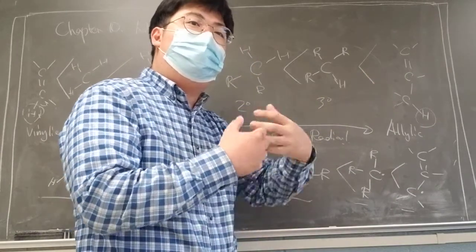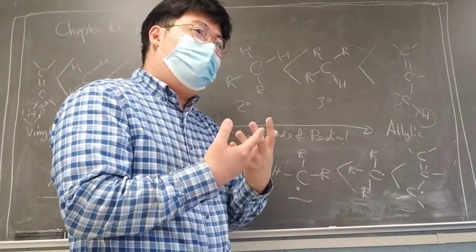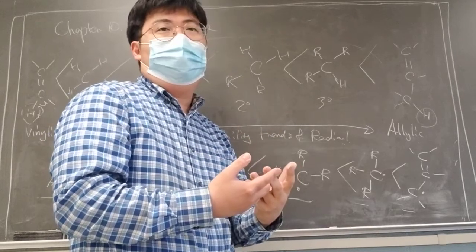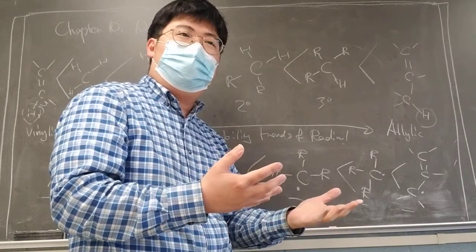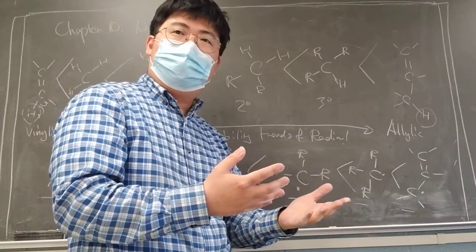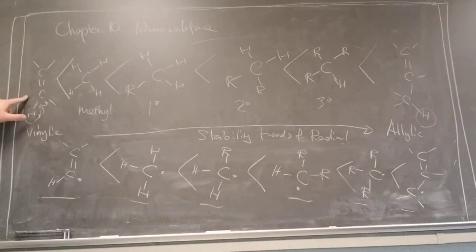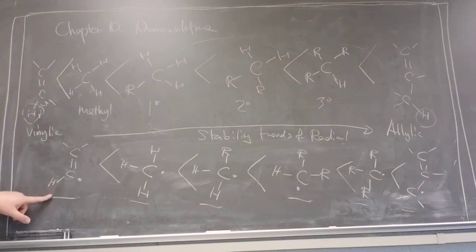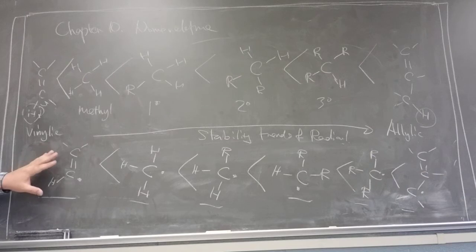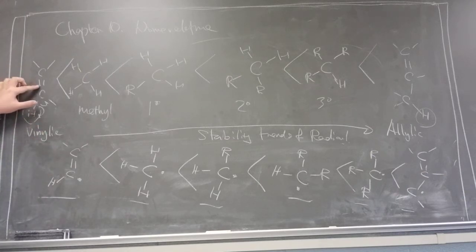Because even though they break the bonds, the radical form will not be that unstable. Then they don't mind breaking that bond radically. Kind of makes sense, right? But if you look at the vinylic form here, if this bond breaks apart and becomes a vinylic radical form, this is very unstable. That means they don't want to break the bond because they don't want to be unstable.